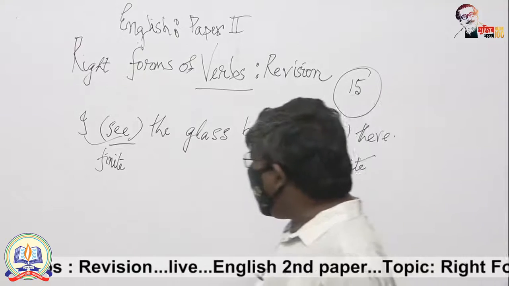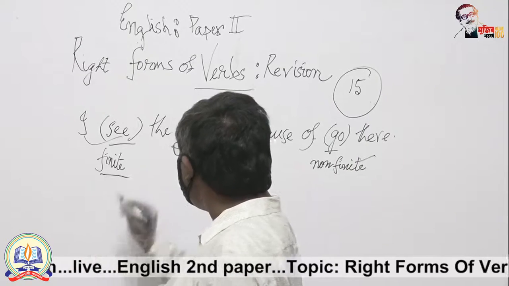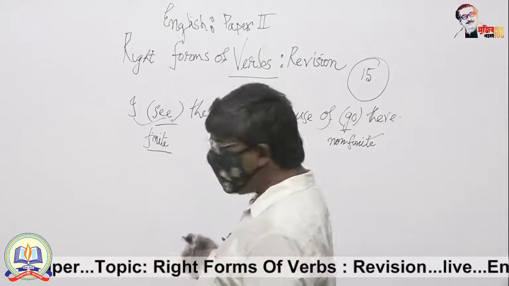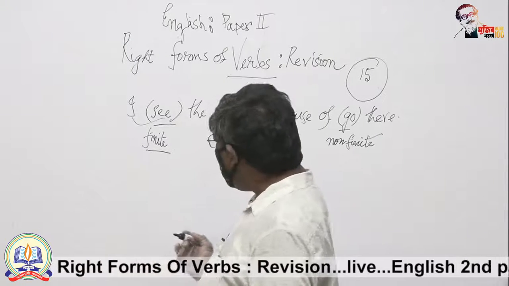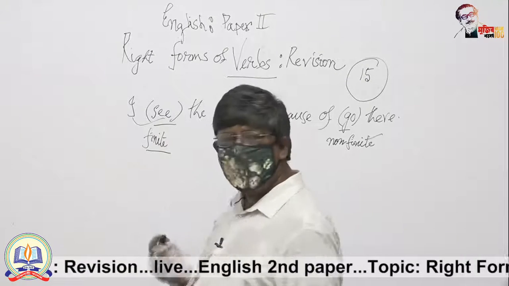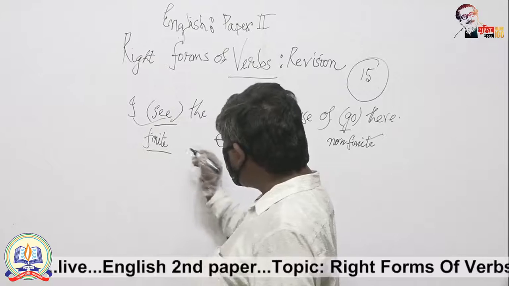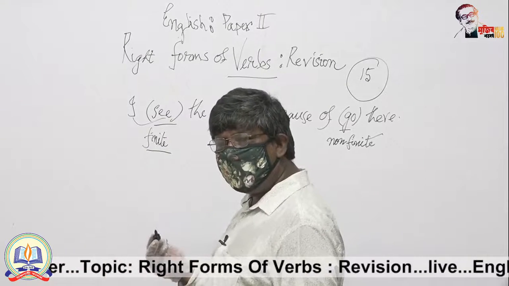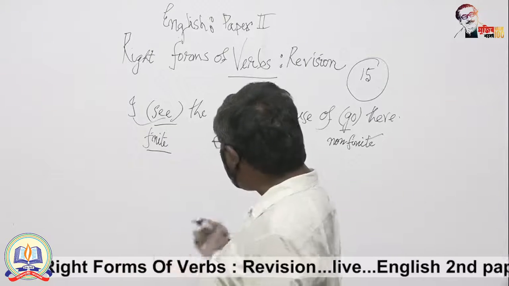Well, when you have the verb to be expressed in the finite form, that is in either of the 12 tense forms, try to find the probable tense form of the verb.